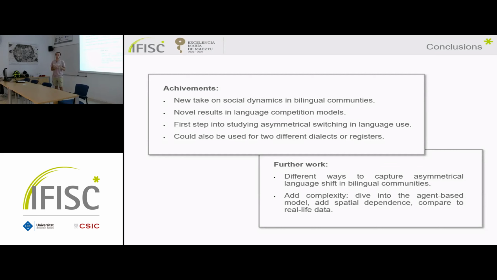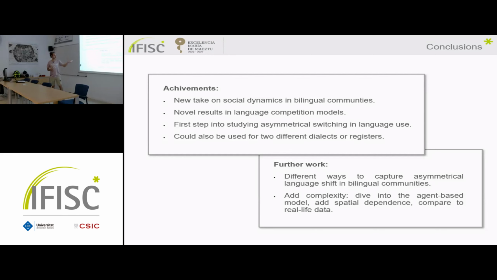But also there are other models that use other ways to represent the preference of bilinguals to using one language or the other, for example, without using nonlinear effects. This could also be interesting.